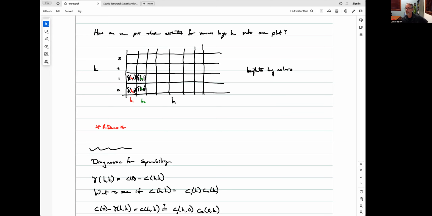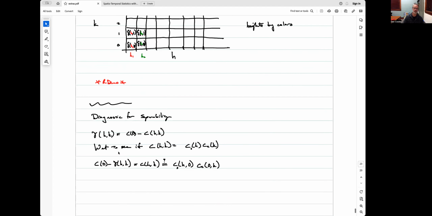If it were separable, any of these cells would be the product of a spatial process and an independent temporal process. So what we could do, if we could convert these variogram values to covariance function values, is see if these cells appear to be the product of our marginal behavior in h and k.